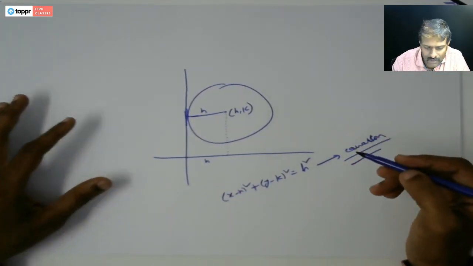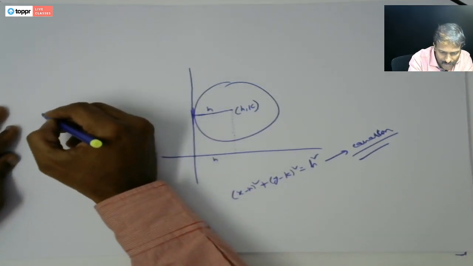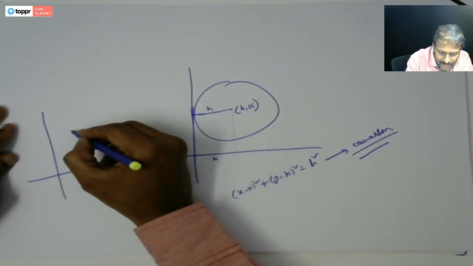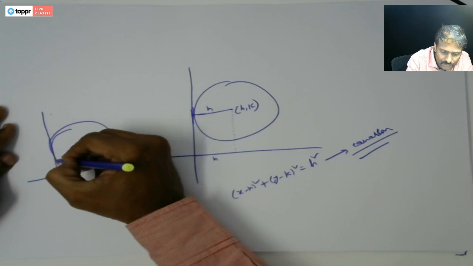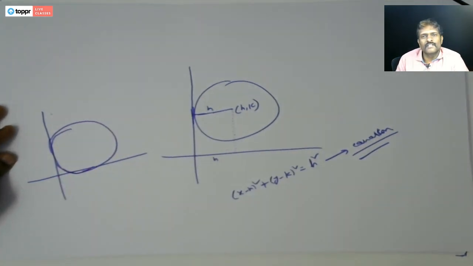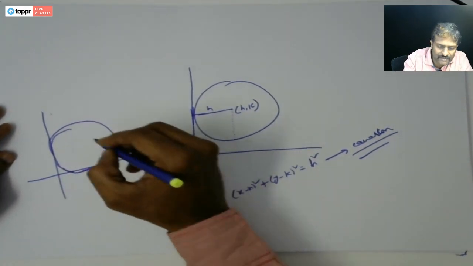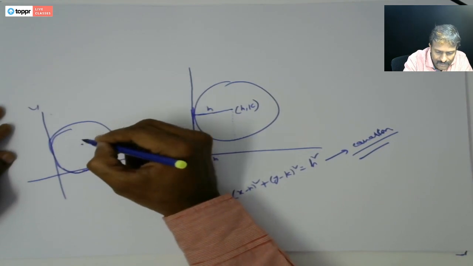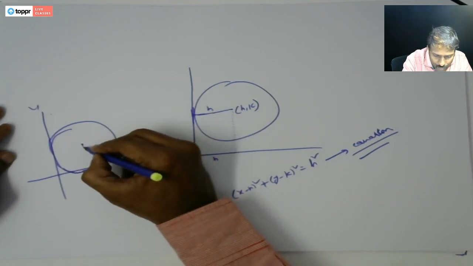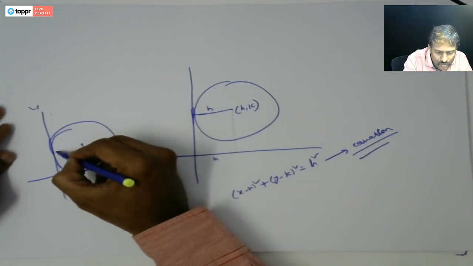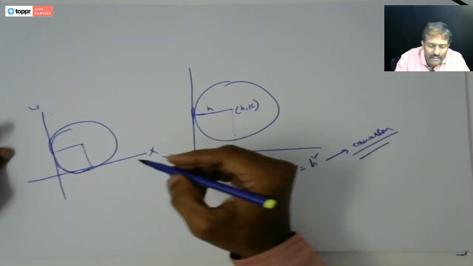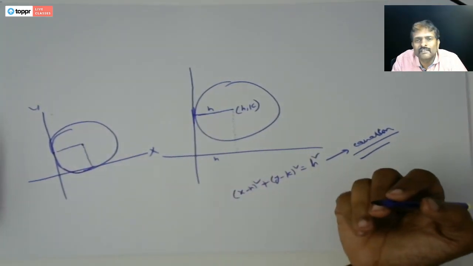Say suppose the circle, let me draw it here, is touching both the axes, say x-axis and y-axis. This would be the center. Say now this is the radius here, so this also would be the radius, right? Can you guess what would be the center of the circle here?